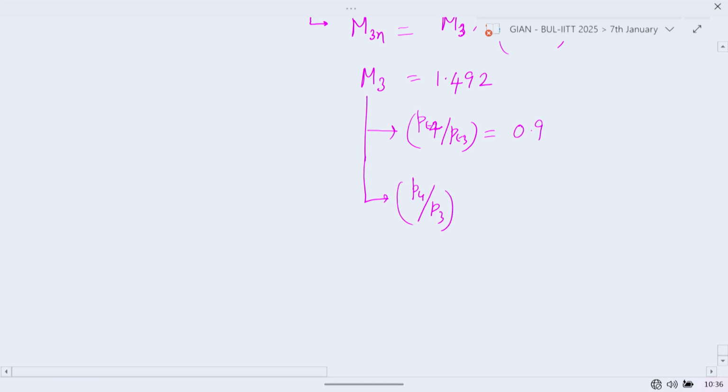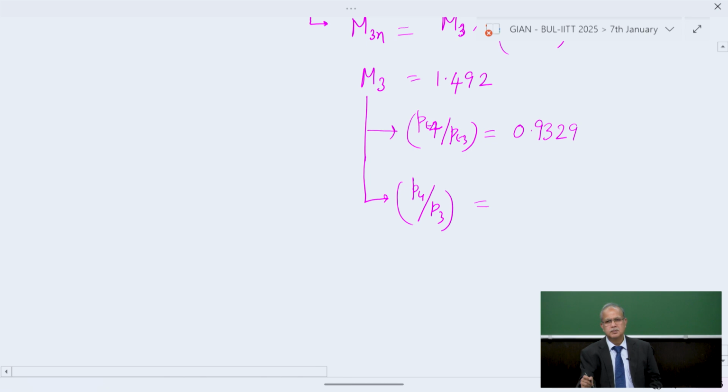0.9329. P4 by P3, 2.42. So you can now calculate the inlet pressure recovery.